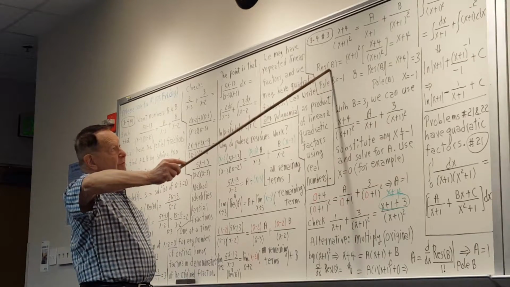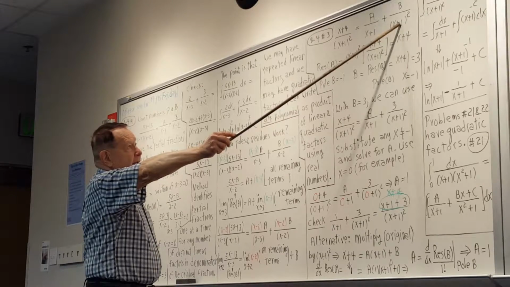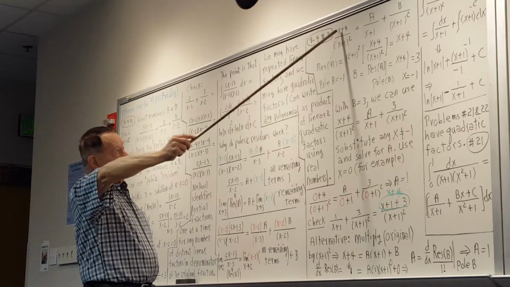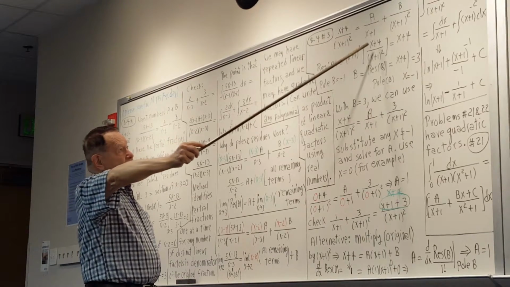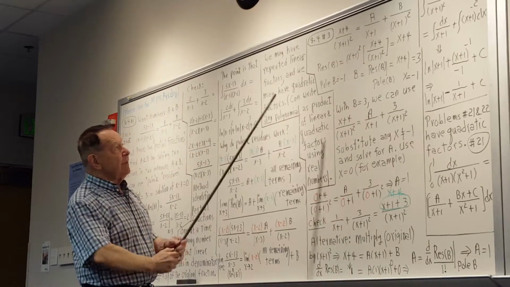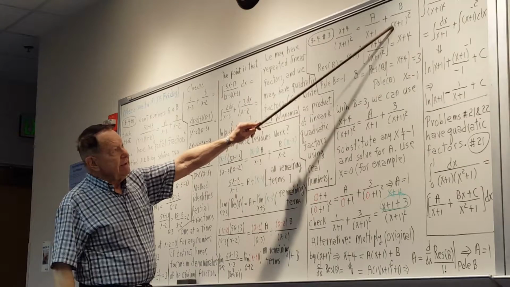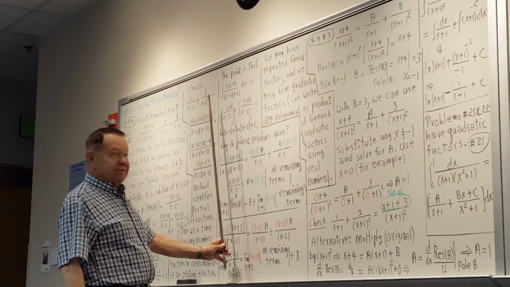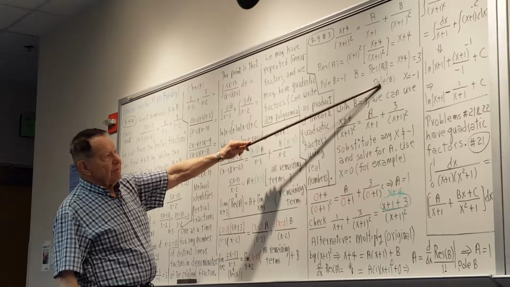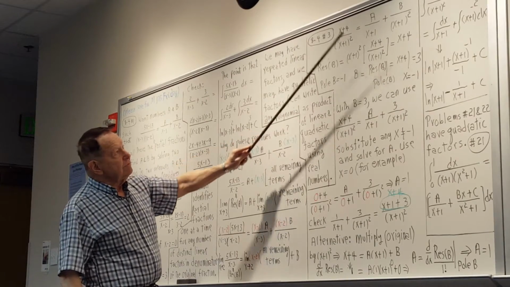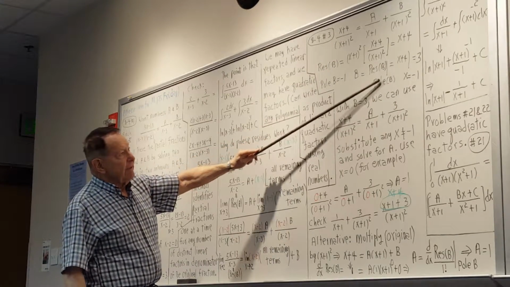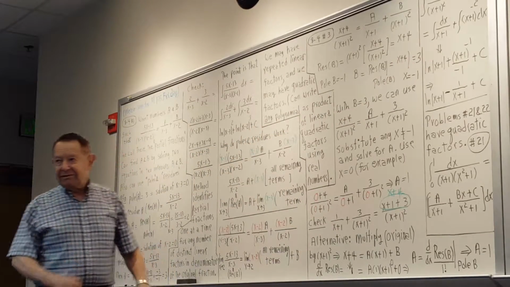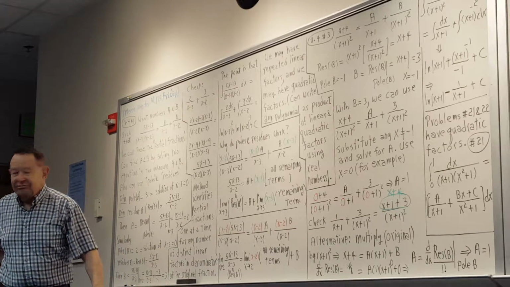So my residue for B, if I've multiplied by the x plus 1 squared, is the x plus 1 squared times the fraction here, so it's x plus 4. And my pole is minus 1, so B is just like in the first problem, the residue at the pole. So you take your residue, x plus 4, put in your minus 1, and you get 3. So B is going to be 3, no matter what else you do.